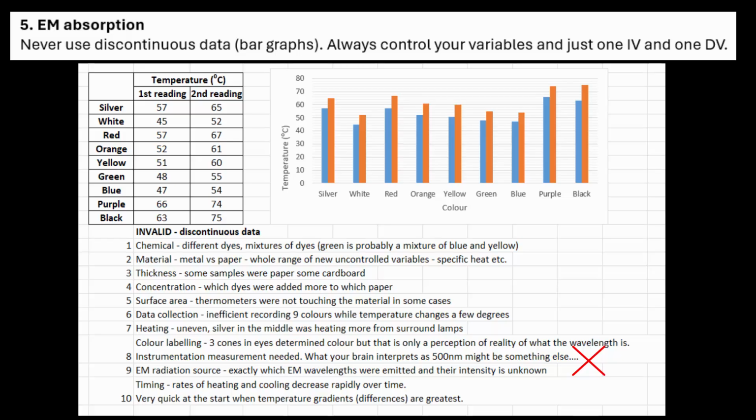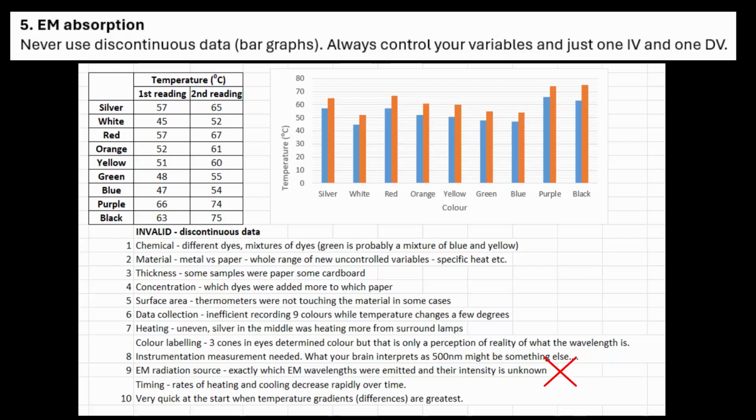So you really need instrumentation, or a prism at least, to dissect what the true wavelengths are, not what your brain says is this color or that color. So any influence of biology into this is going to cause us issues.